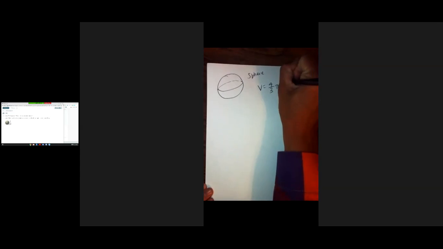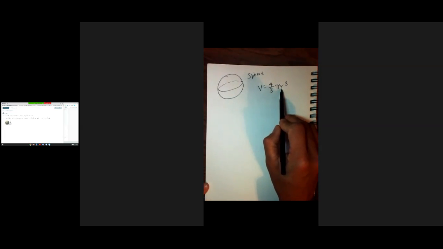A basketball is kind of like a sphere, but it's got those dimples and it's not perfectly round. Marbles are pretty sphere-like. I'm sure they have some imperfections, but a perfect sphere's volume would be 4/3 pi r cubed. And the reason for that is a beautiful calculus notion you'll get to when you talk about calculus.